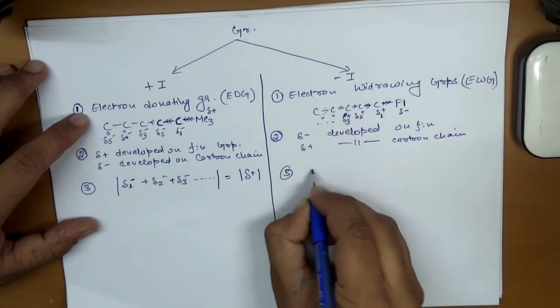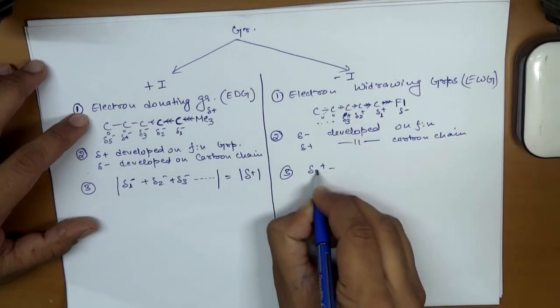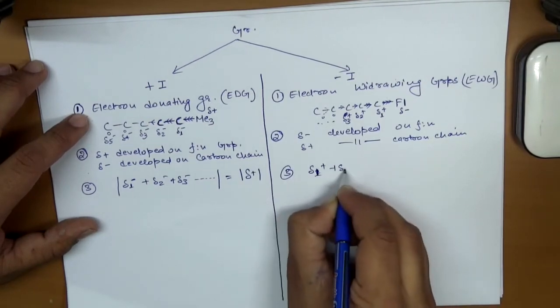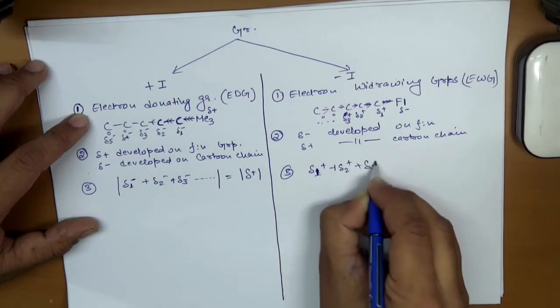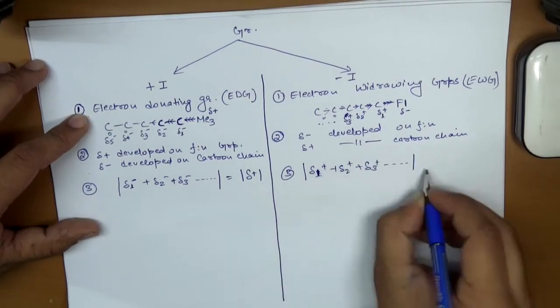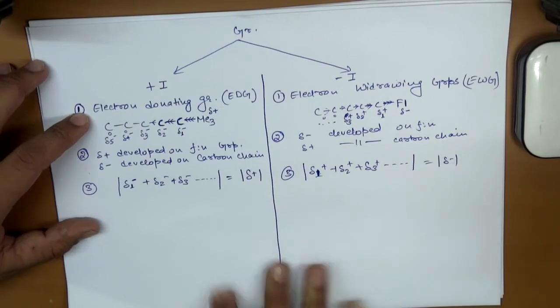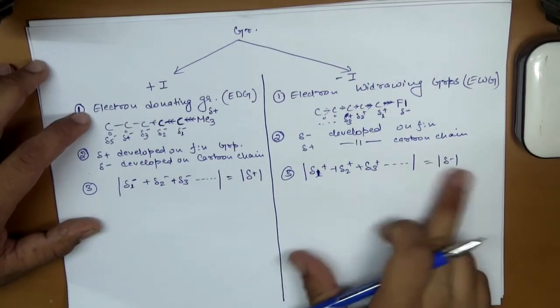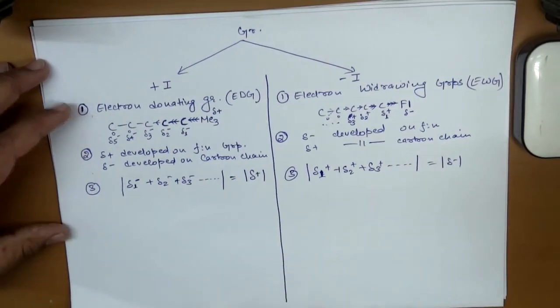And similarly on this side also, delta 1 plus, delta 2 plus, delta 3 plus, the sum of all the delta pluses will be equal to the delta minus, just to maintain the neutrality of the compound.